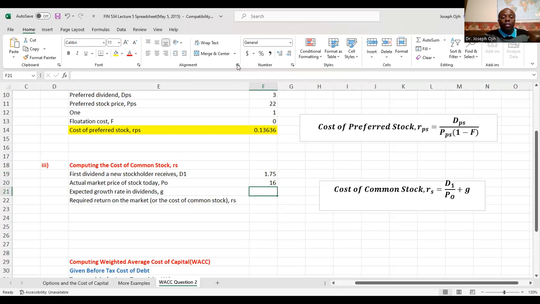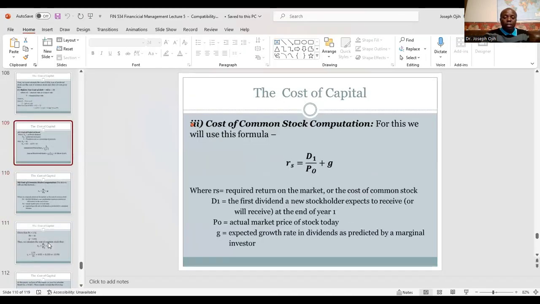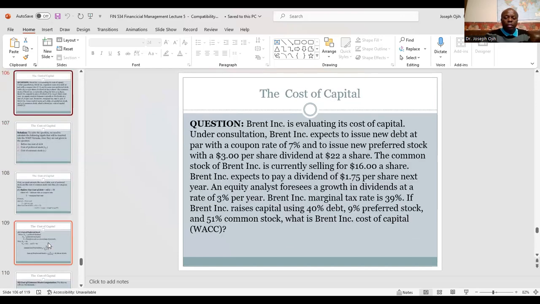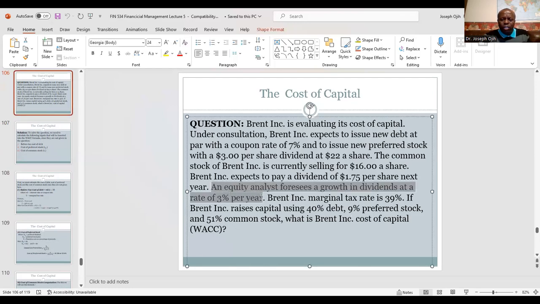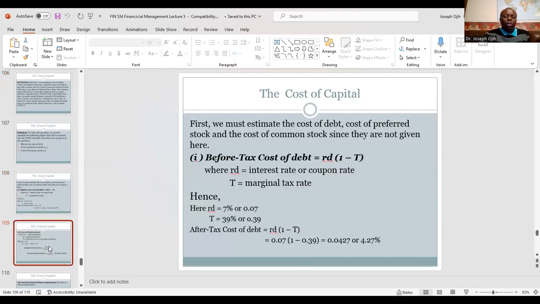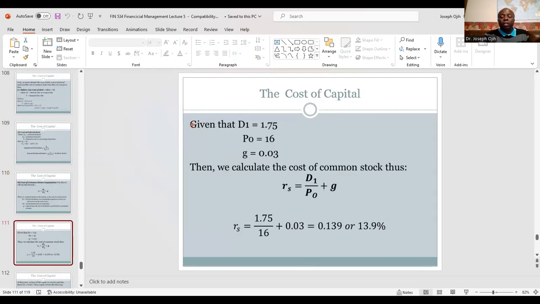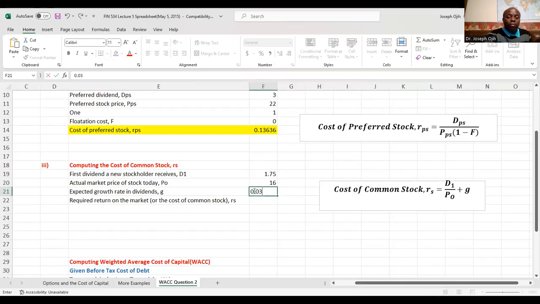According to what we have for that company, it says here that an equity analyst foresees a growth in dividends at a rate of 3% a year. So that means for the dividend growth rate, we are going to enter 3% there. 3% is 0.03 when you change it to decimal. So we're going to enter 0.03 here.